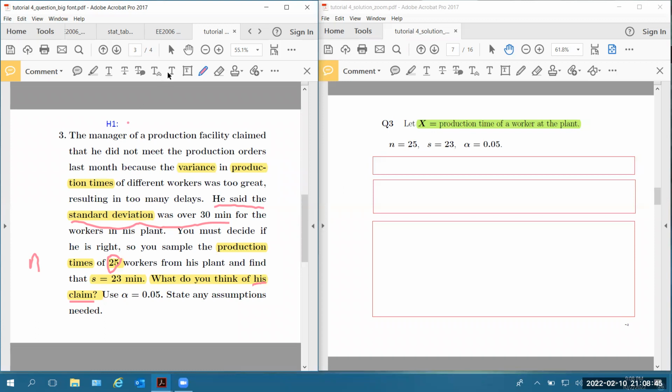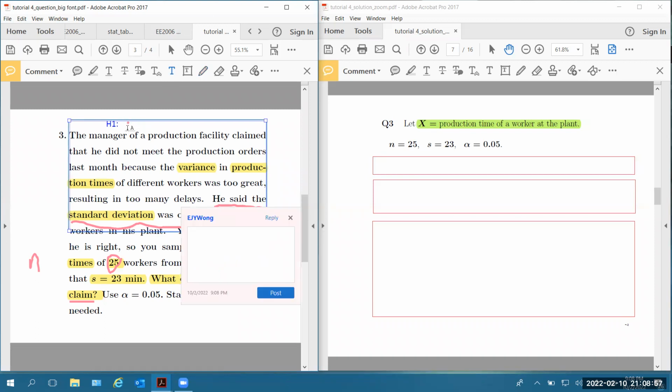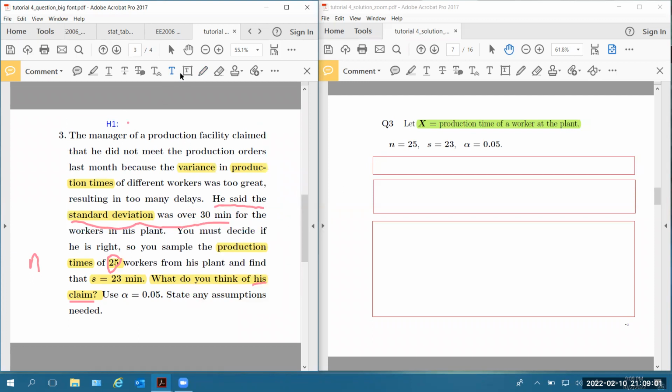So that means you go and type here. Something wrong here. Let me clean up this dot here. Let me see whether I'm able to type. Okay, so he thinks that sigma is more than 30 in his plant.